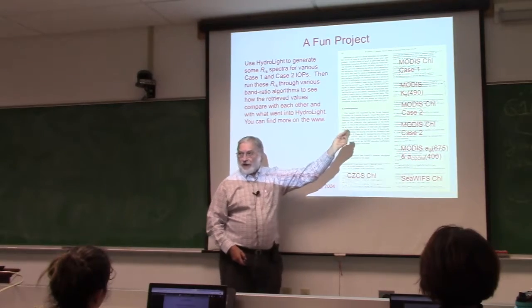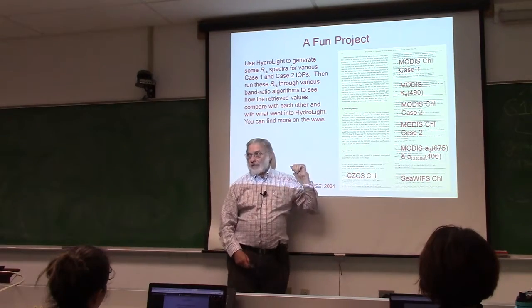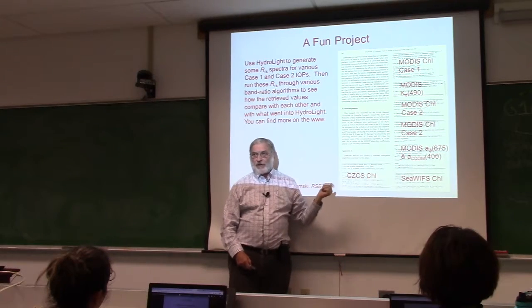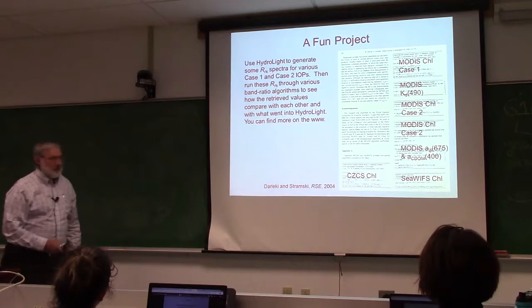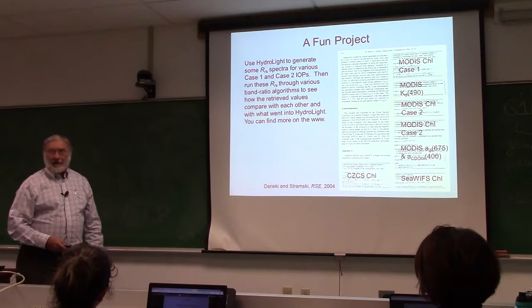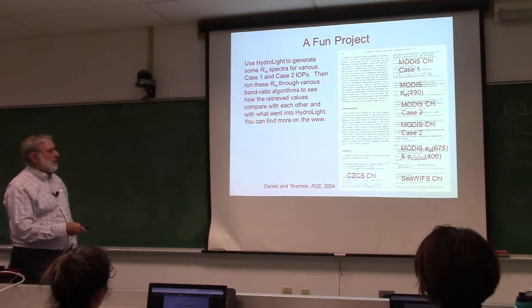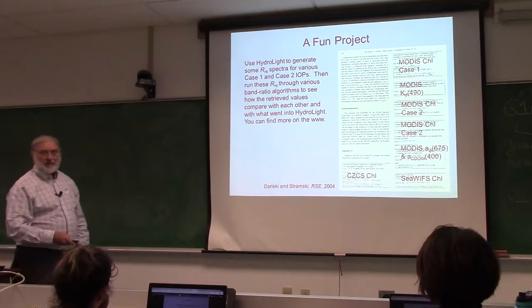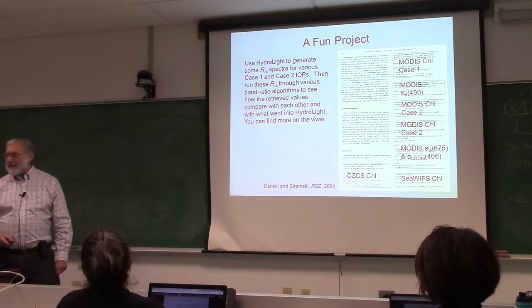In principle, they should all give you back the same chlorophyll, which is what went into HydroLight. It will be scary how different those chlorophyll values are. So if you don't have anything better to do, like next Friday night, dig out this paper. It should be in the library. Program a couple of those up, feed in some HydroLight spectra, and you'll be lucky if they agree within a factor of 2.